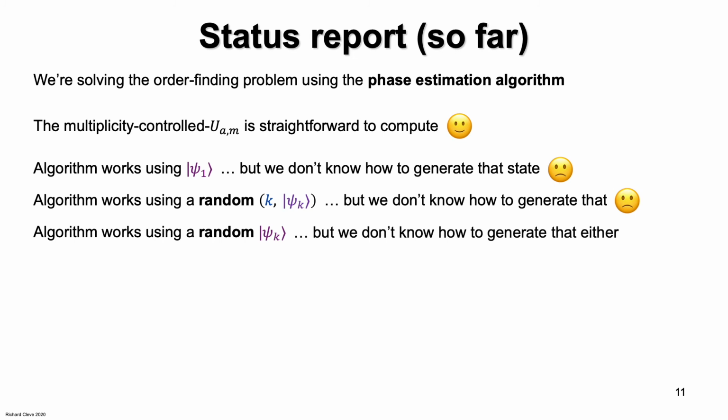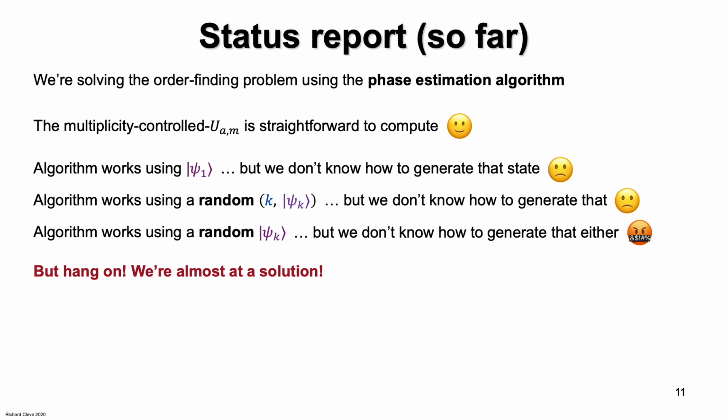Unfortunately, we don't know how to efficiently generate such a random psi k either. Now, at this point, you may be losing patience with this line of analysis. I keep describing alternatives to the eigenvector state, but none of them can be efficiently generated. So what's the point? Hang on. We're actually almost at a solution.